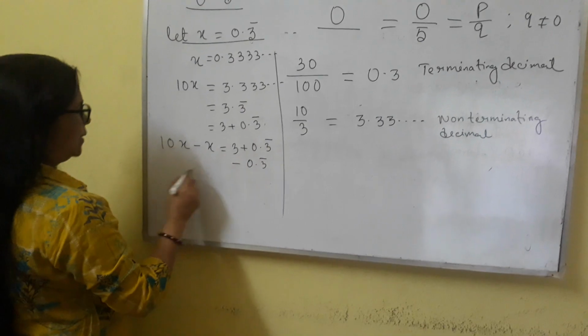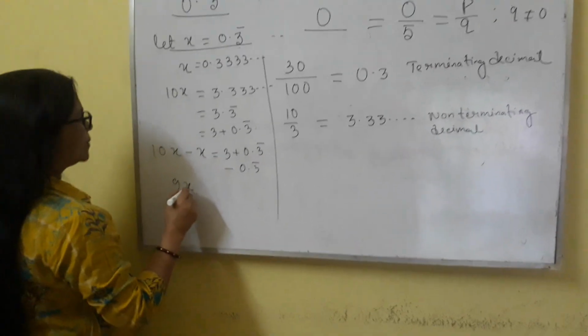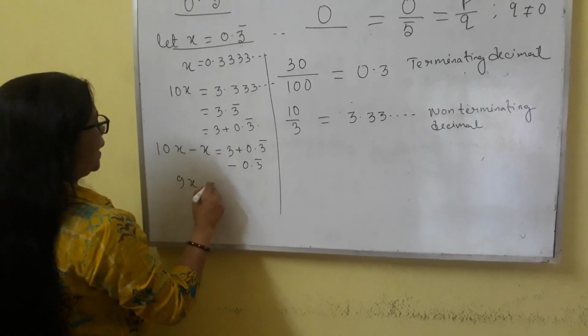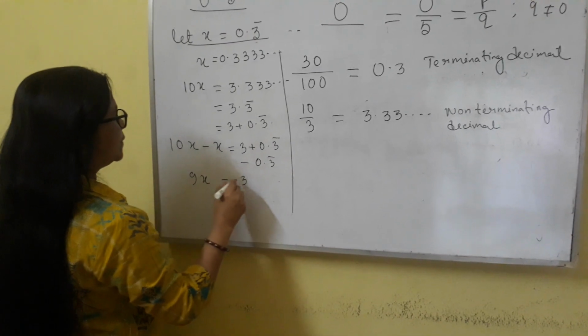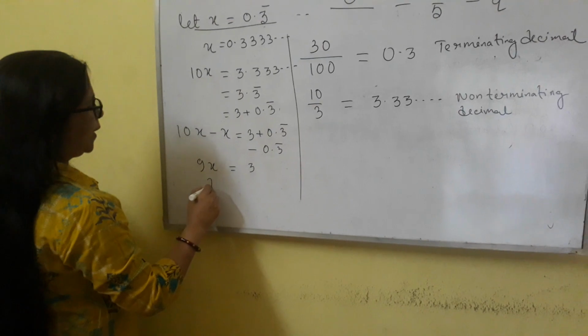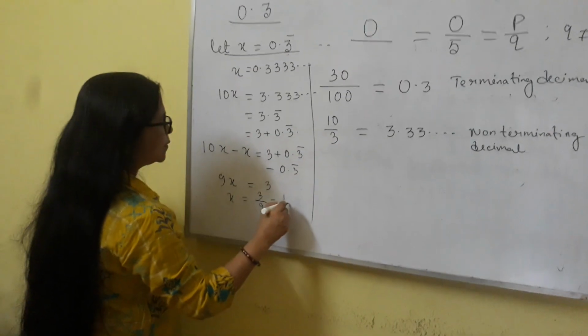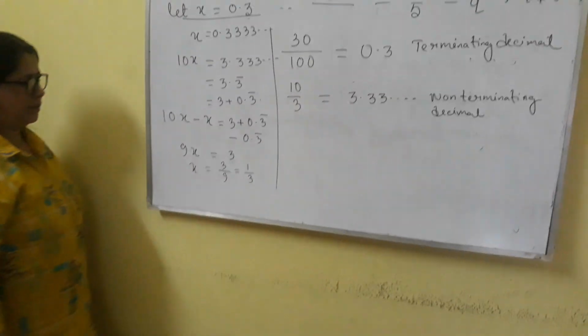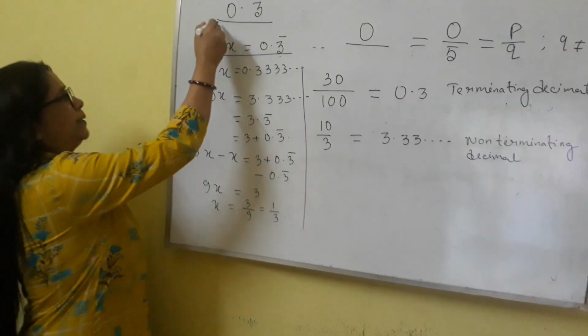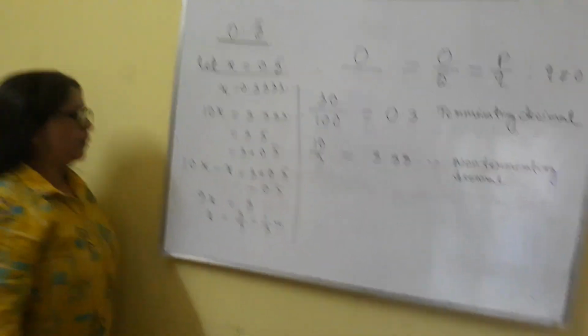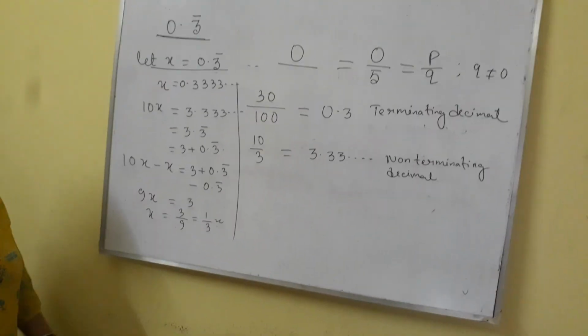This and this cancel. So 9x equals 3. Then x equals 3 by 9, that means 1 by 3. So 0.3 bar we can express in the form of p by q, that is 1 by 3.